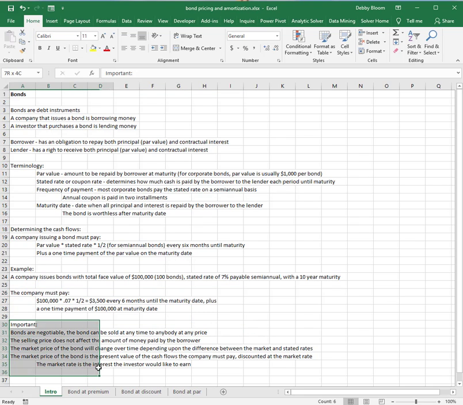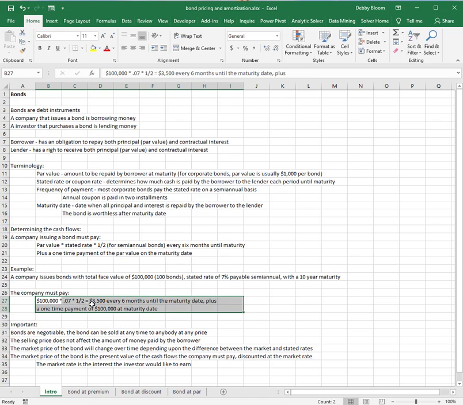Now let's talk about a couple of important things before we go and price and amortize this bond. Bonds are negotiable. The bond can be sold at any time to anybody at any price. So somebody can pay $1 for this bond. Even if somebody pays $1 for this bond, they will still get $3,500 every 6 months until maturity, plus $100,000 at maturity.